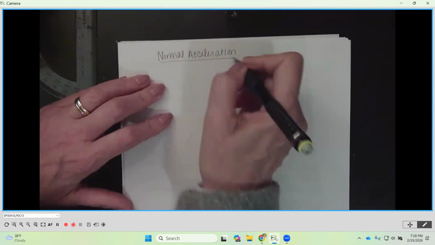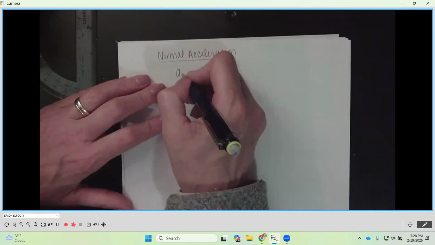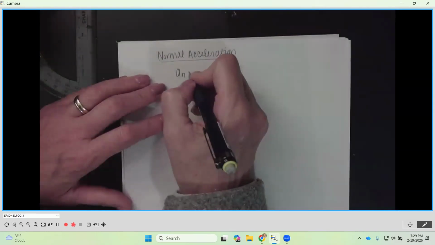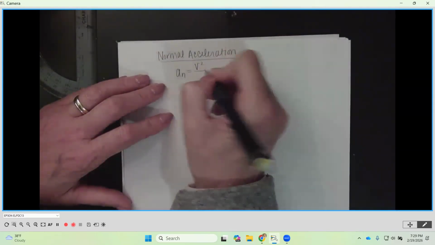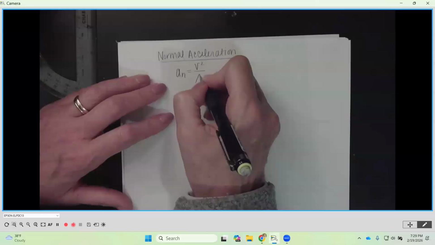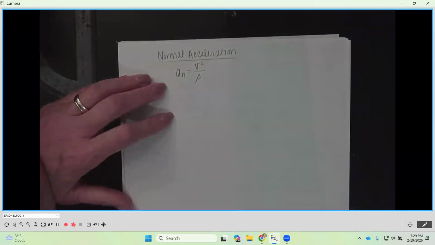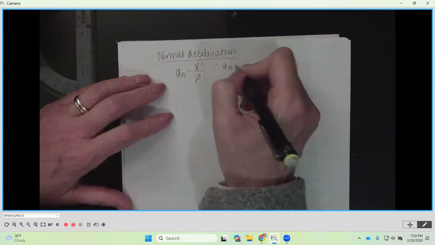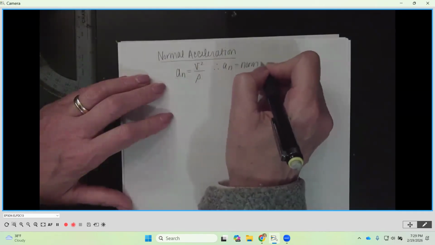Okay, normal acceleration. You could look back on previous modules for this equation, but rather than having to go through, why not just add it here? It's going to be velocity squared over your radius of rotation. So this is going to be normal acceleration.